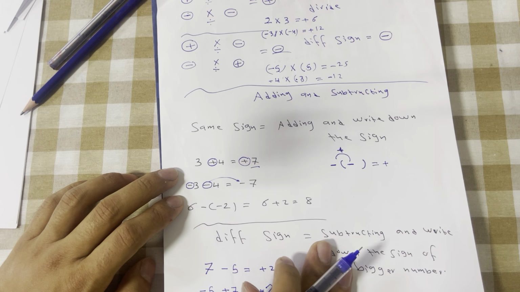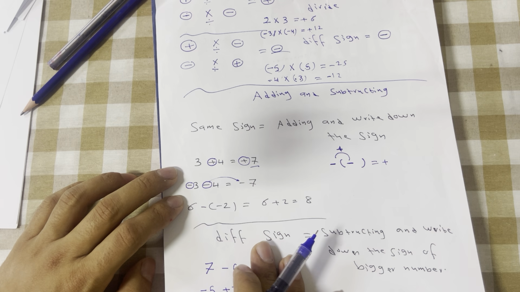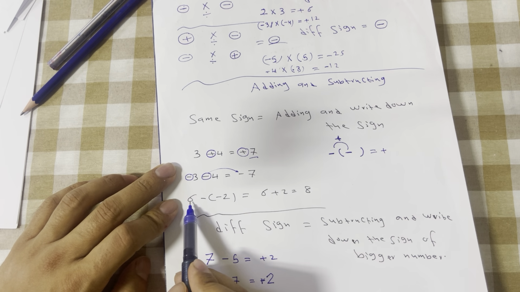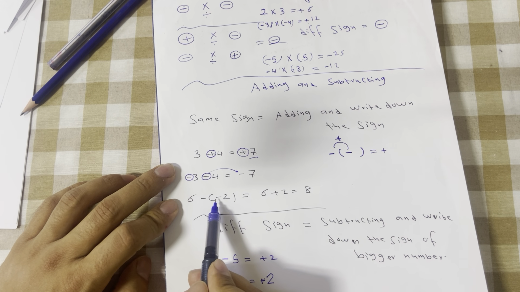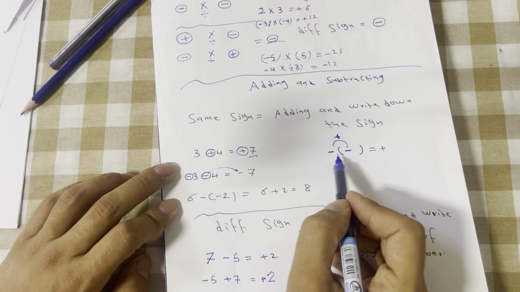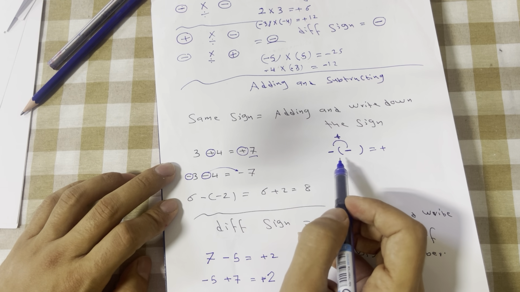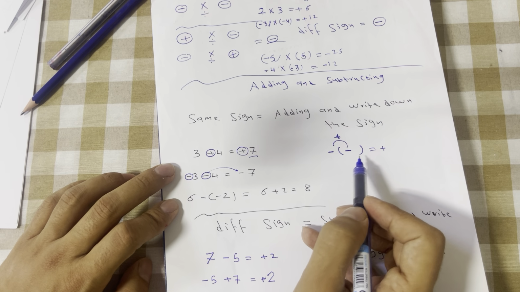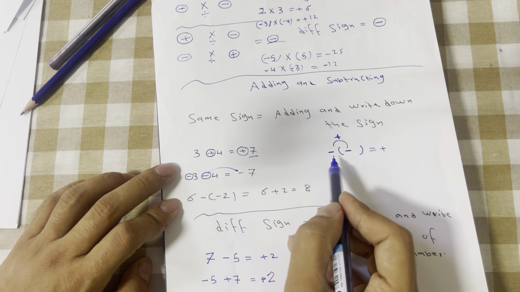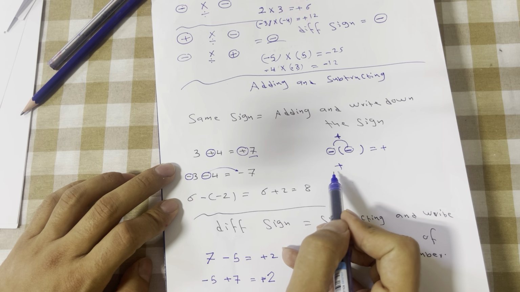I have to write down the sign, so it equals negative 7. 6, negative 2. Anytime when we have two negative signs that come after each other, it becomes positive. Negative times negative is positive.